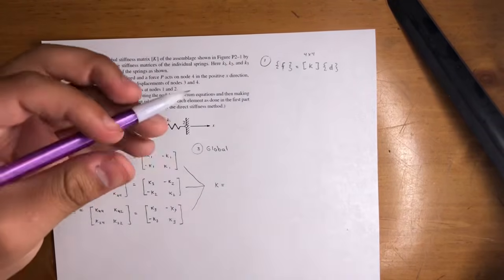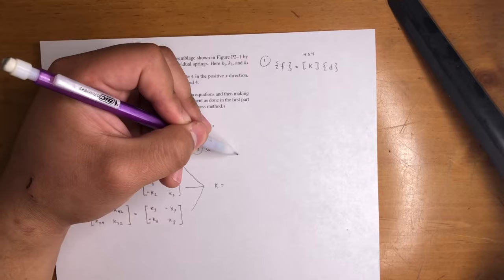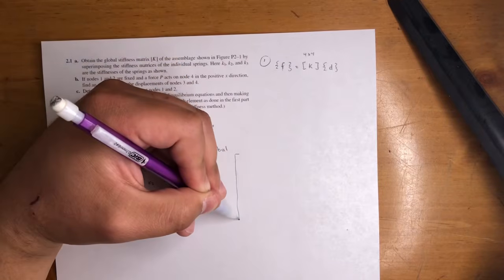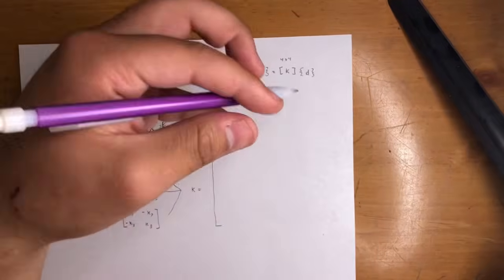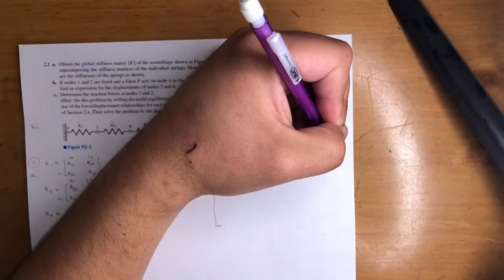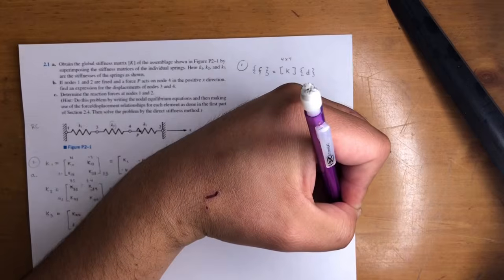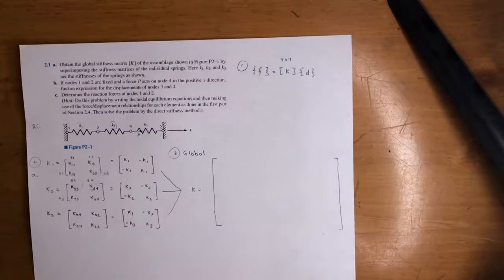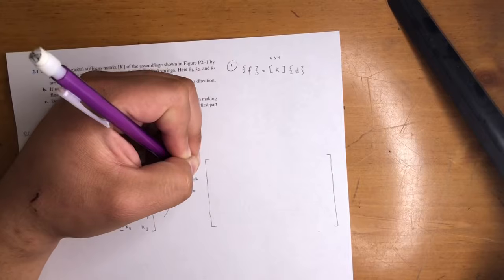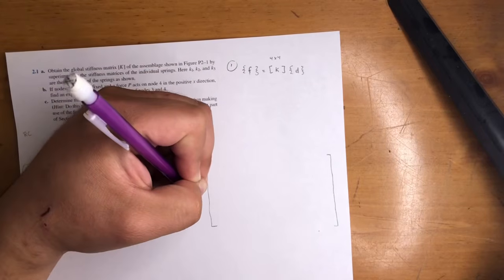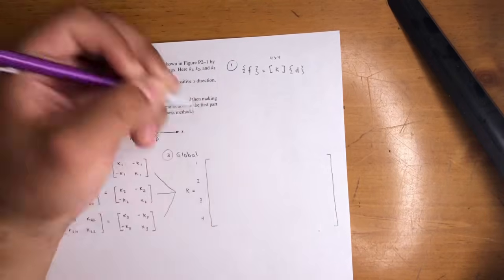All right, so it's gonna be a big matrix. And I like to make them pretty big, you know, just to make sure I have enough room. I really don't care about the waste of paper. But again, they're rows and columns. So that's first row, second row, third row, fourth row.